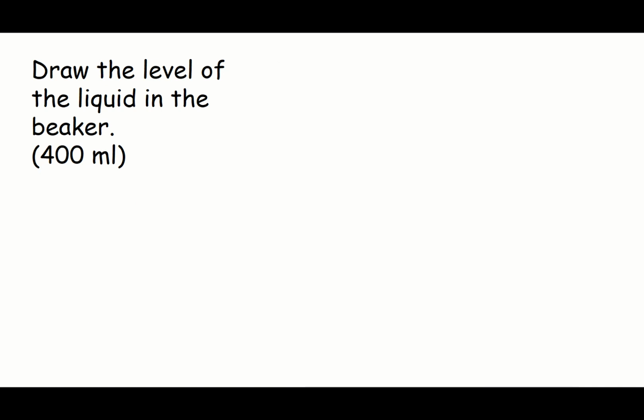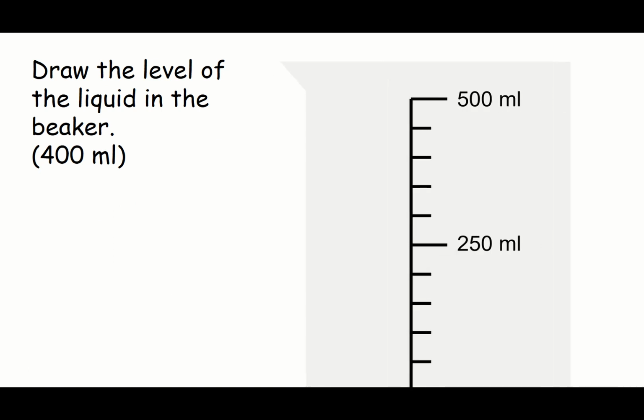Next, let's look at another beaker. Again, we need to find the water level at 400 milliliters, right? Again, let's work out the small gaps from what is known from the labeled markings. So 500 minus 250 is equal to 250 milliliters, and that's the difference again.